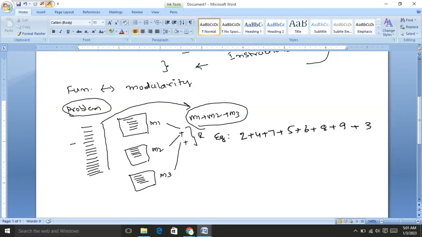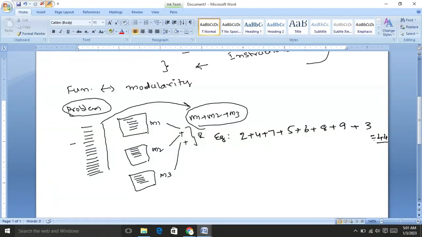So generally, how do we solve this problem? 2 plus 4, 6; 6 plus 7, 13; 13 plus 5, 18; 18 plus 6, 24; 24 plus 8, 32; 32 plus 9, 41; 41 plus 3, 44.